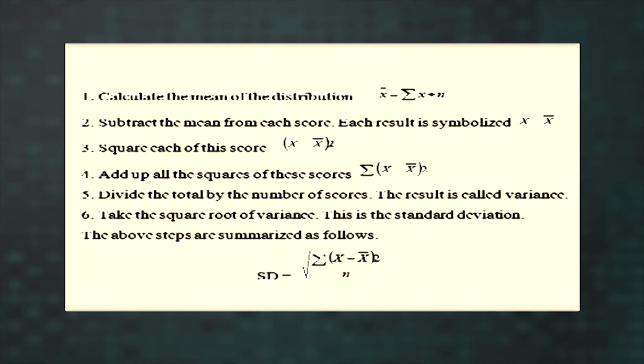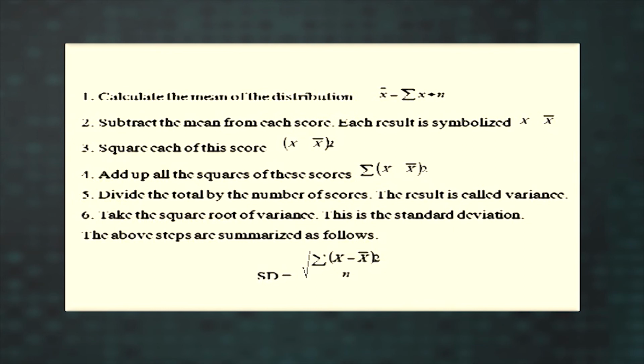First, calculate the mean of the distribution, that is x bar is equal to sigma x divided by n. Then subtract the mean from each score. Each result is symbolized x minus x bar. Square each of the scores, namely x minus x bar the whole square.